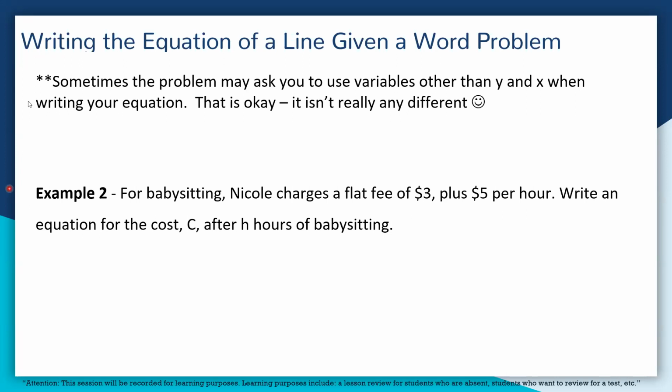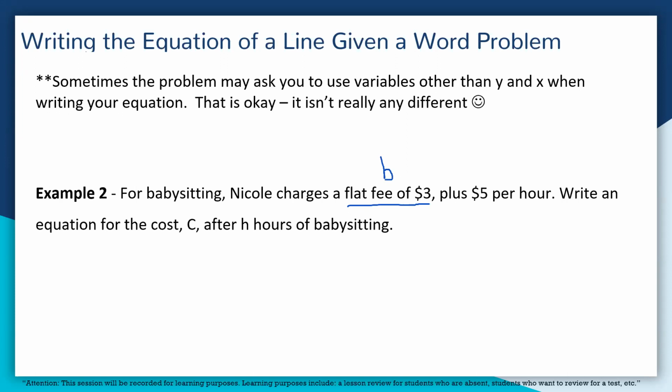Well, that flat fee means no matter what, you're going to have to pay her $3, no matter whether she babysits for you for an hour or maybe it's an overnight thing and it's 24 hours. You got to pay her $3 no matter what. So that is our initial fee. That is our y-intercept. That's where we're starting.